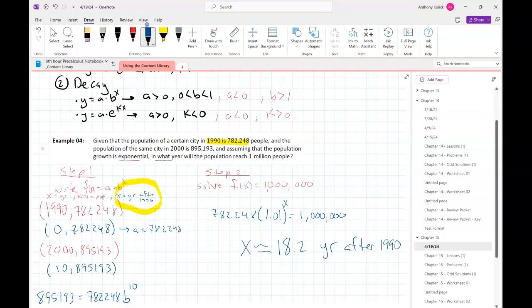So the question asks, in what year will the population reach 1,000,000 people? How would I answer that? Because it asks for a date, right? Yep. So we'd say maybe during the year 2008, right?